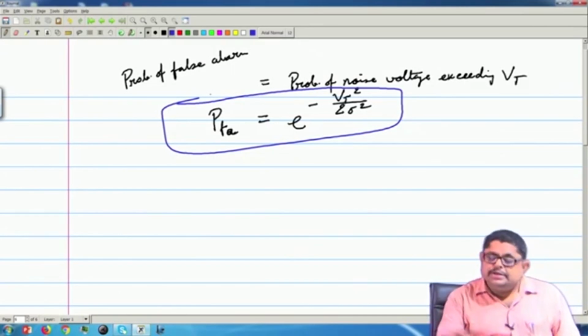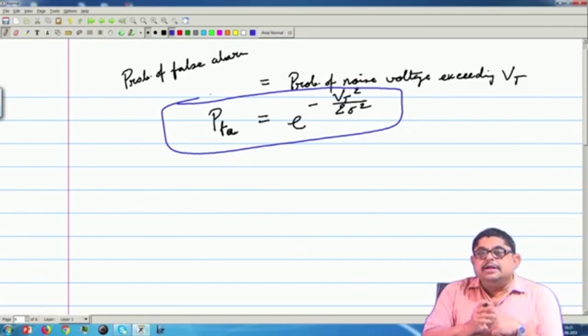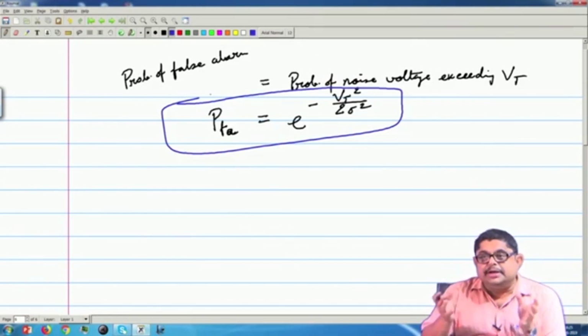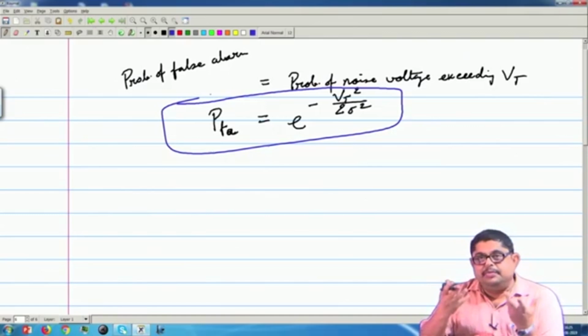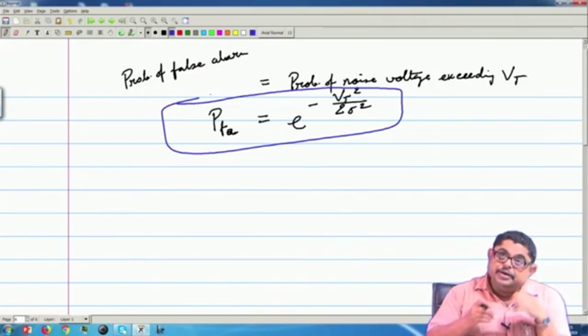Now, this is okay, we understand the concept of probability, etcetera, but generally if I say that the probability of false alarm is 10 to the power minus 5, 10 to the power minus 7, something like that, what exactly does that mean for a radar operator?